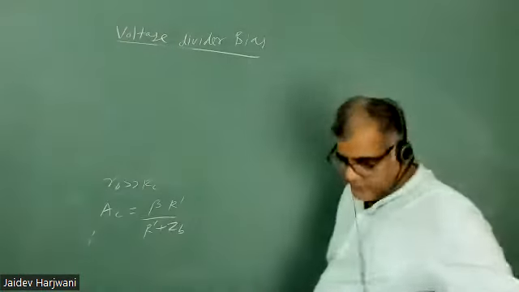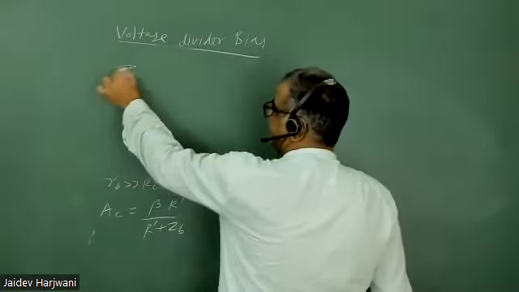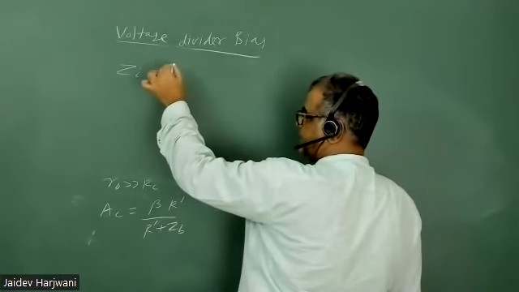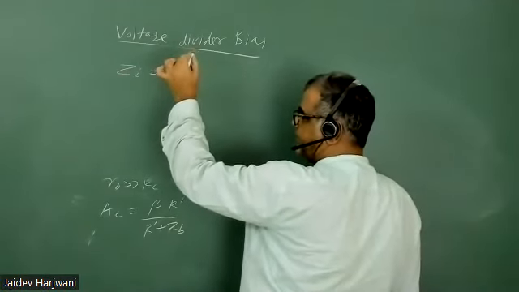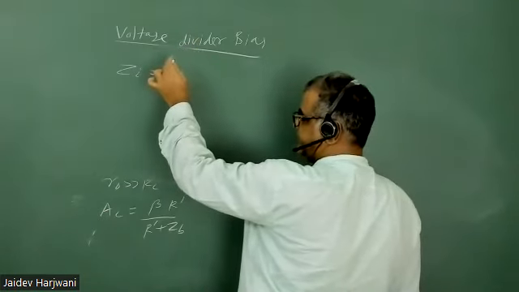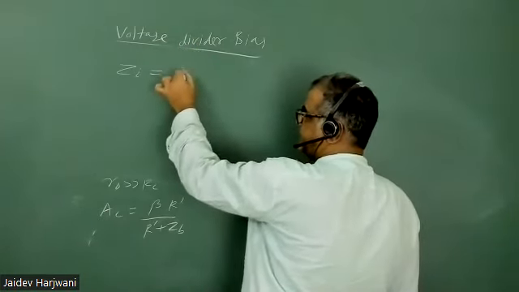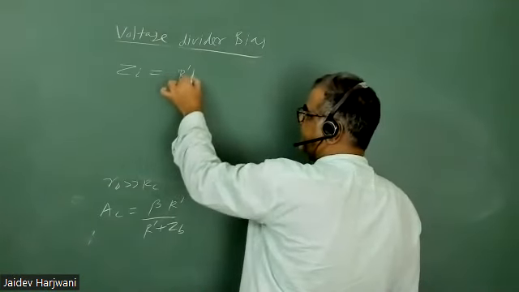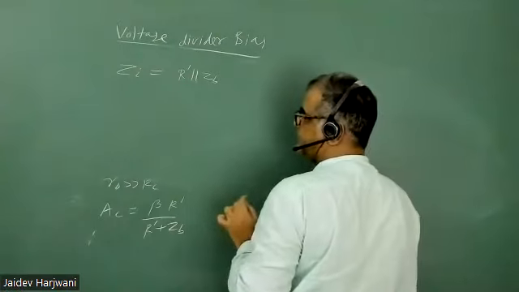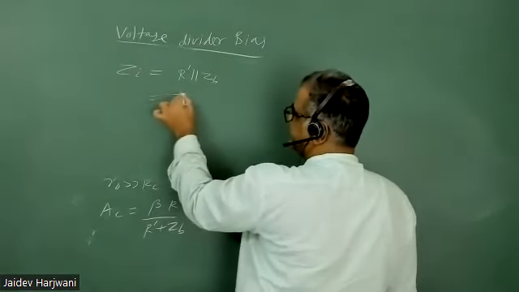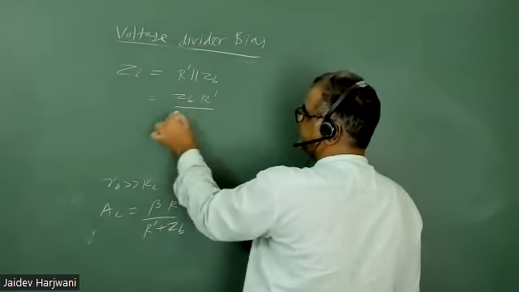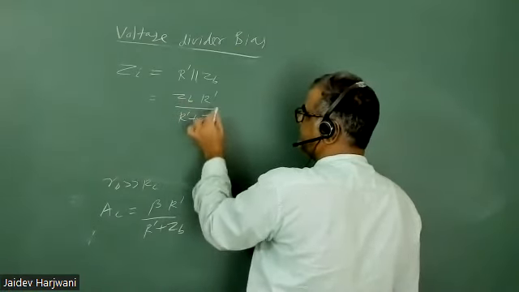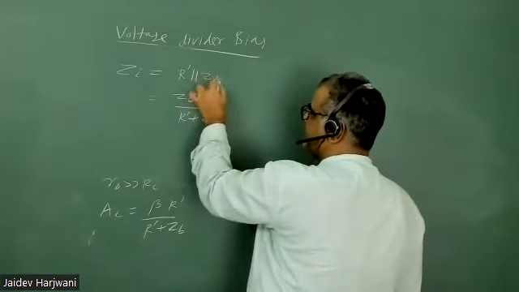Now you need to tell me what is the expression for ZI. Keeping R naught infinite, what is the expression of ZI? ZI is R dash parallel to ZB, that is R dash ZB upon R dash plus ZB, whether small or capital, whatever you have.